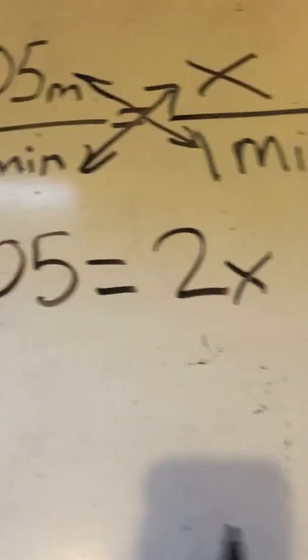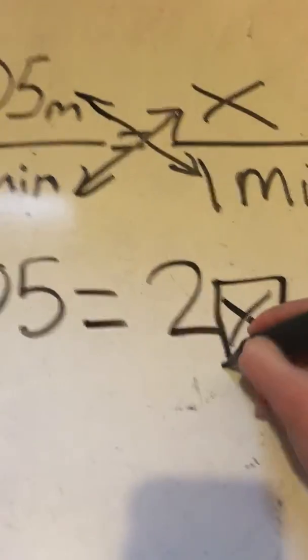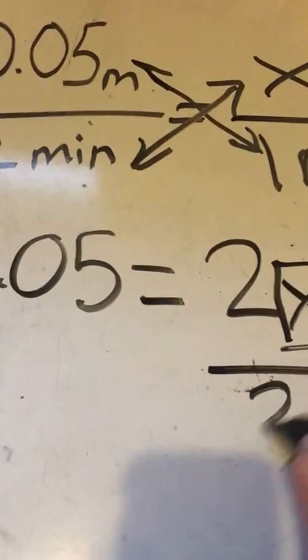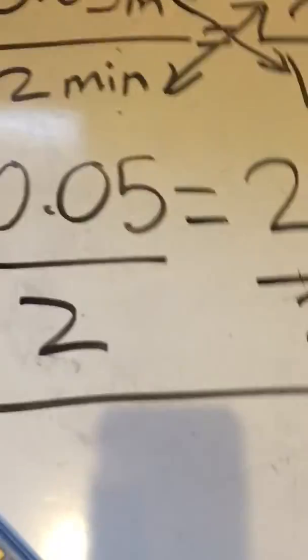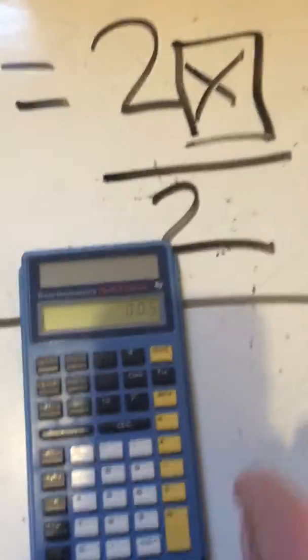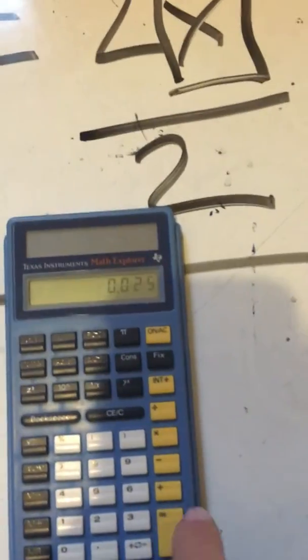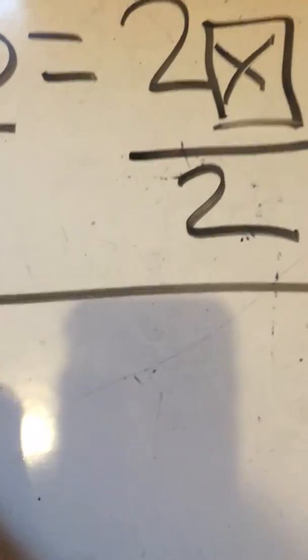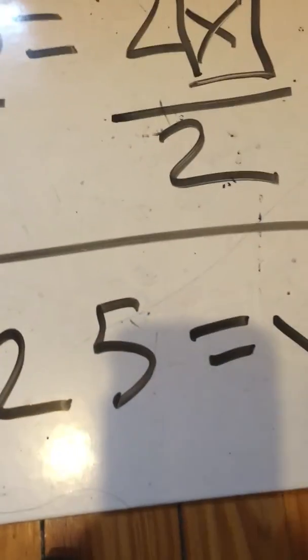Now what we want to do is get this x alone, so we have to divide out this 2. Whatever we do on our right side, we also have to do on the left side. Divide by 2. I'm going to go back to my calculator. 0.05 divided by 2 will give us 0.025 for x.